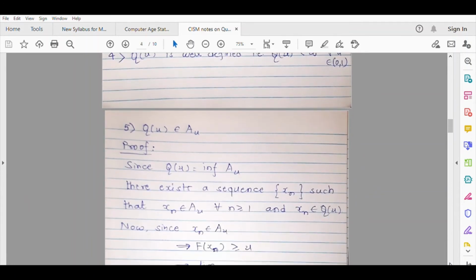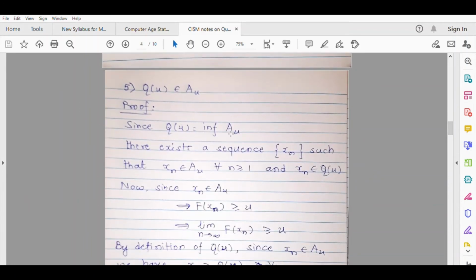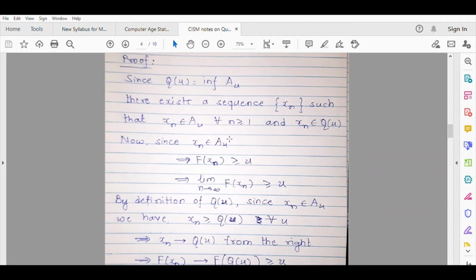QU is in AU. So how can we prove it? QU is basically the infimum of AU. What is AU? The collection of all x such that the CDF is at least U. Because it is an infimum, by definition there exists a sequence xn such that xn belongs to AU for every n greater than or equal to 1.